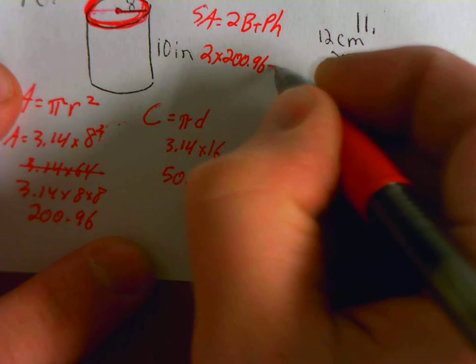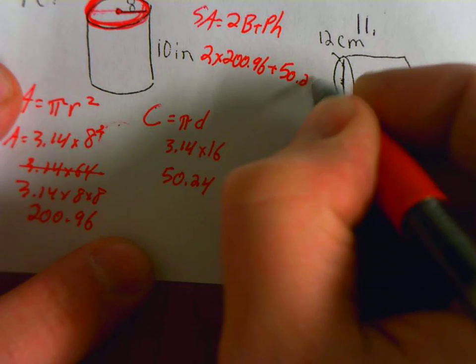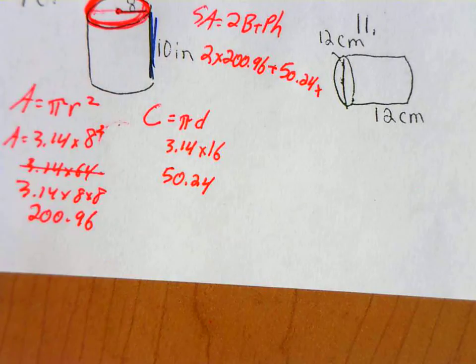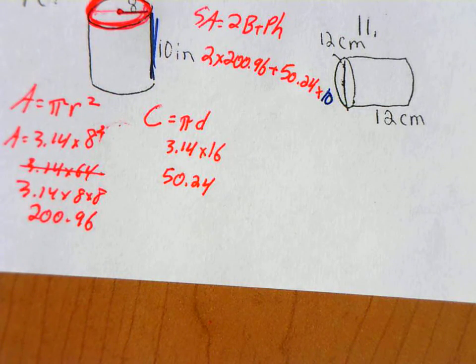2 times 200.96 plus 50.24 times, what is the height? What is the distance between the two circles, between the two bases? 10. Mr. Walls, I don't have enough room here. Mr. Walls, I've run out of room. Put bubbles around it, box it, highlight around it if you want to. If you need to go to a separate piece of paper, that is perfectly fine. Just make sure you attach it tomorrow when you turn it in.